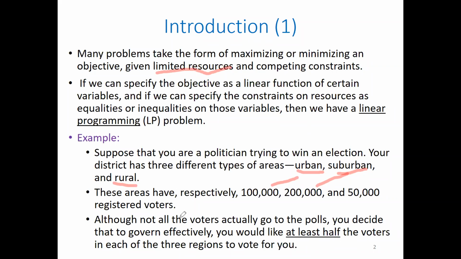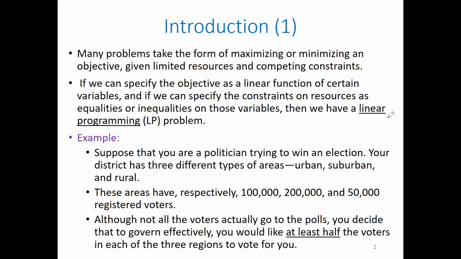So you want to know what is the minimum amount of money you need to advertise on a number of topics in your agenda, so that at least half of each of these areas or sections vote for you. Okay, so at least 50,000 from the urban part vote for you, 100,000 from suburban vote for you, and at least 25,000 from the rural vote for you. You want to get at least half the vote, and that actually guarantees you as the winner. Okay, so that's the problem statement.